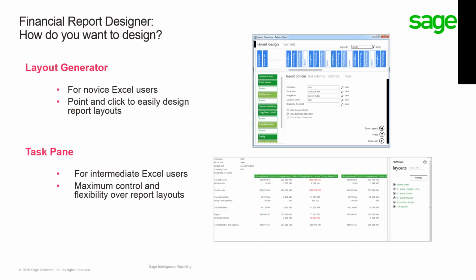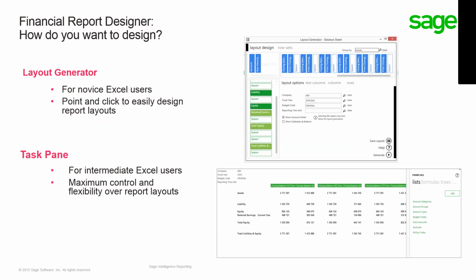The task pane is for, I wouldn't say advanced, but a more intermediate Excel user, someone who's familiar with, let's say, formulas and how to create formulas, kind of the hidden tool set of Excel. It gives you maximum control and flexibility over creating a report.